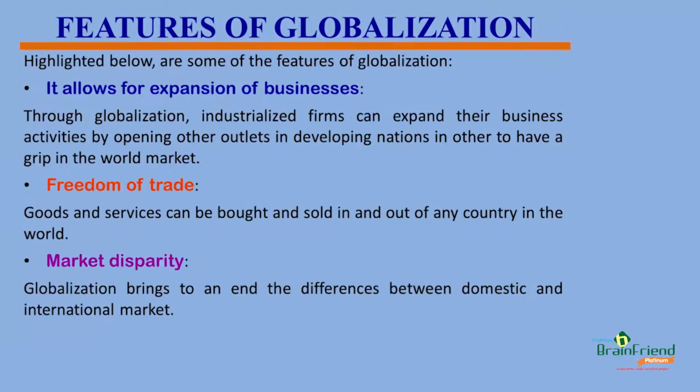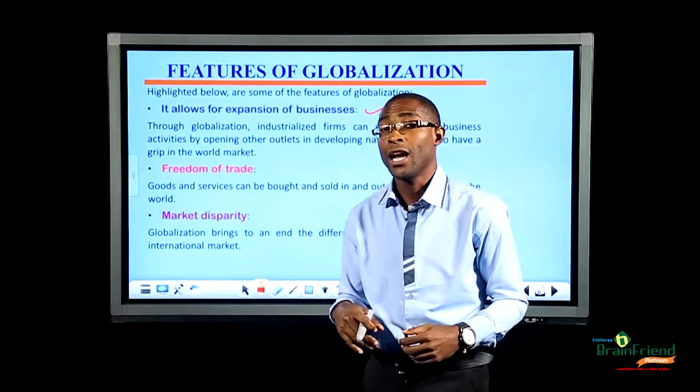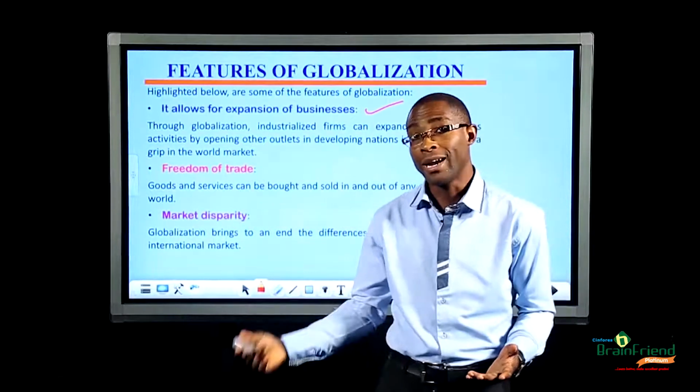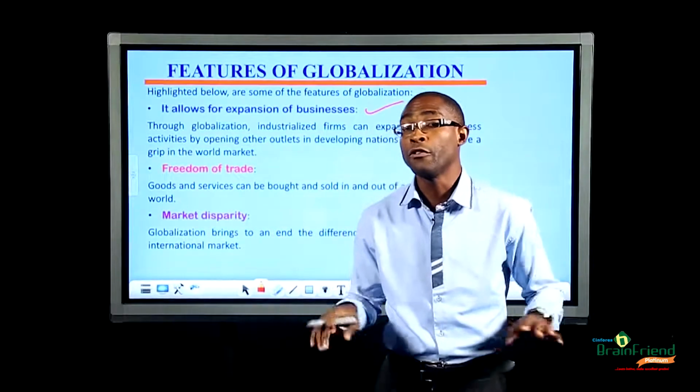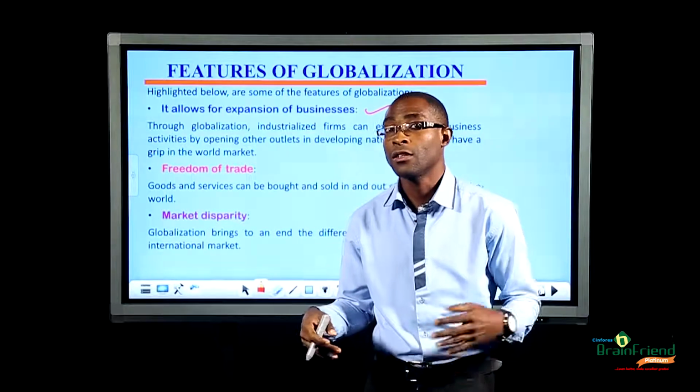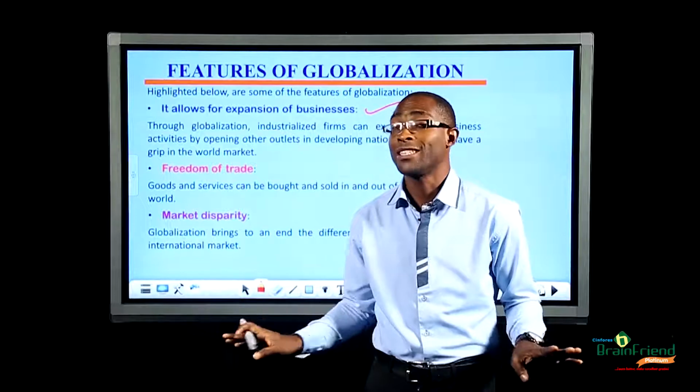Now let's go further to look at features of globalization. There are numerous features, but we'll look at few of them. The first of them is that it allows for expansion of businesses. Now, since we have free trade, that means I can take my goods from my country to another country freely without having to pay import duties, tax, quotas, and the rest of them.